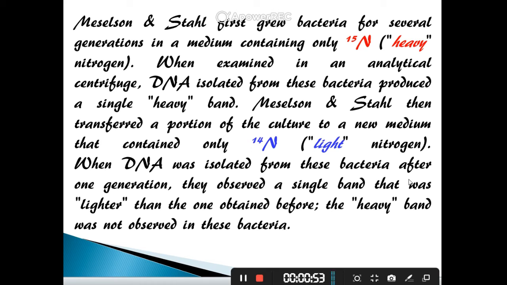When he transferred a portion of the culture to a new medium that contained N14, and DNA was isolated from these bacteria after one generation, they observed a single band that was lighter than the one obtained before. The heavy band was not observed in these bacteria.